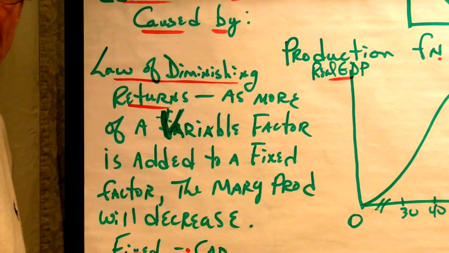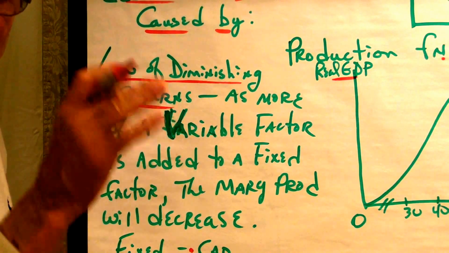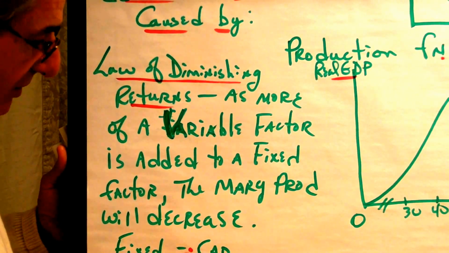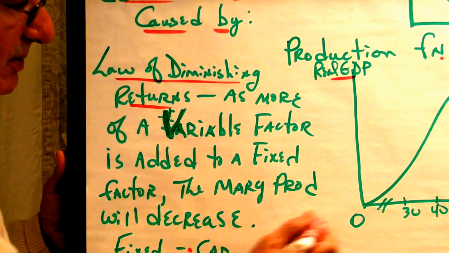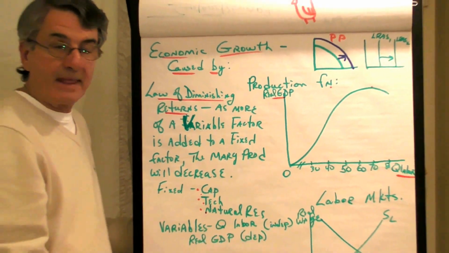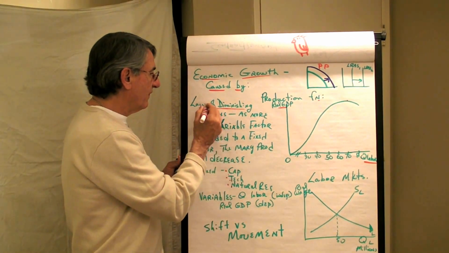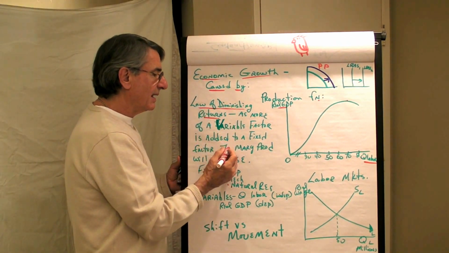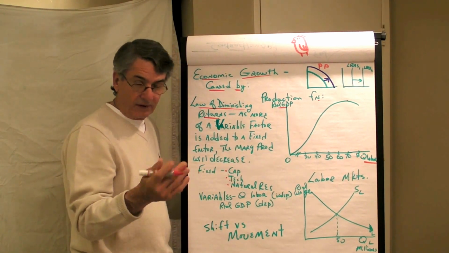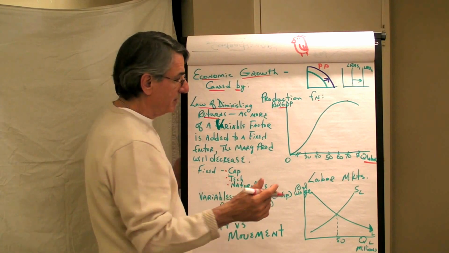The law of diminishing returns is a short-run concept because you have a fixed factor and you have variable factors. The fixed factors are capital, technology, and natural resources, and the variable resource is labor. This has to do with factor proportions, and that factors want to be combined in certain proportions.